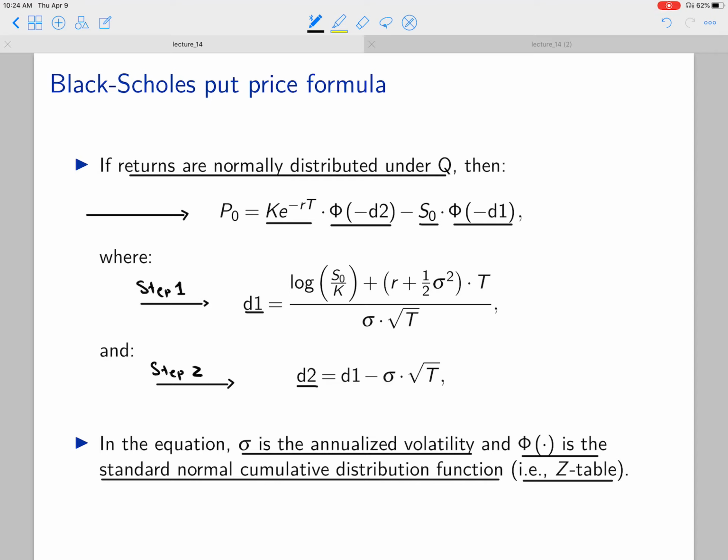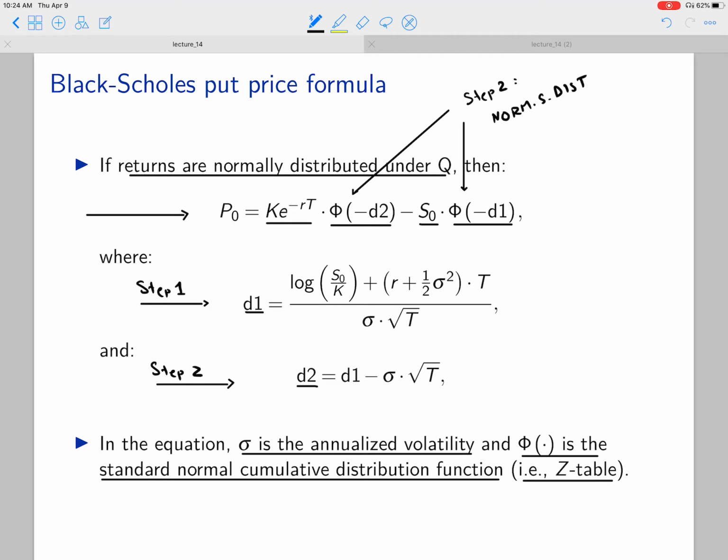You then take the opposite of these D1s and D2s, and in step 2, you calculate the phi's. So in step 2, given D1 and D2, you take the norm.s.dist function of the opposite of them. Remember, this phi is the cumulative distribution function of the standard normal distribution.